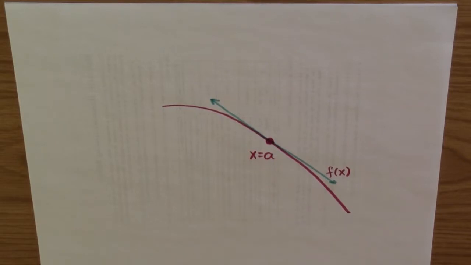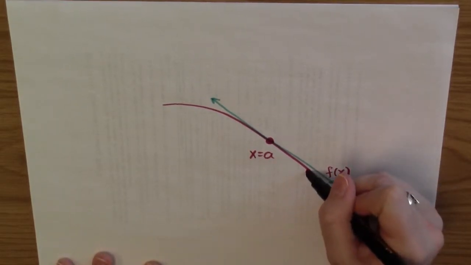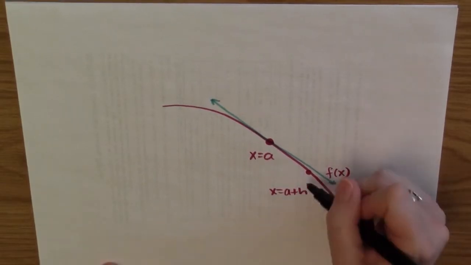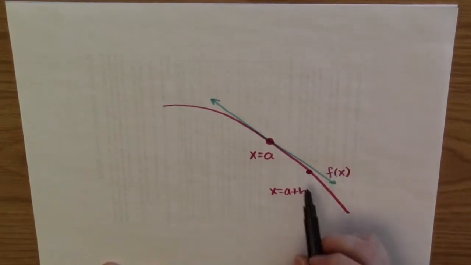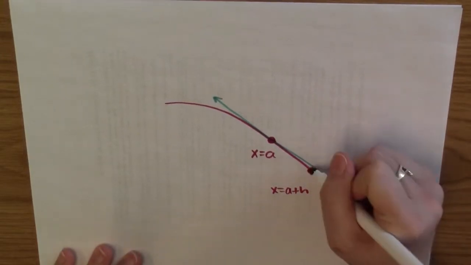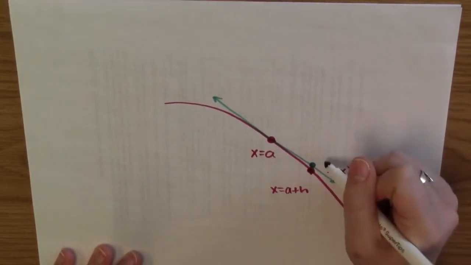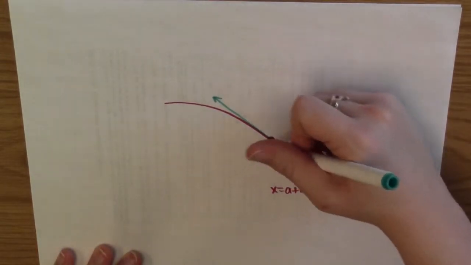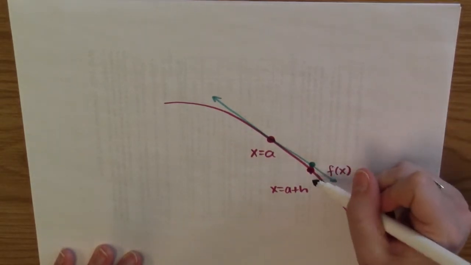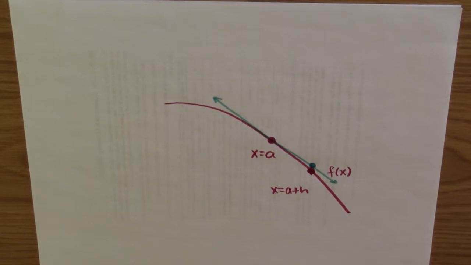So if I want to move over a little bit, say over here to x equals a plus h, and figure out what the actual function value is, that's this sort of purple color, whatever the y value is in this case, I could instead look at the line and figure out what the value of the blue curve is at this point, because the blue dot and the purple dot are pretty close together.